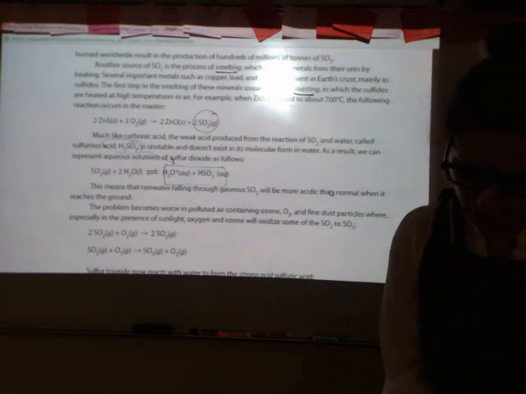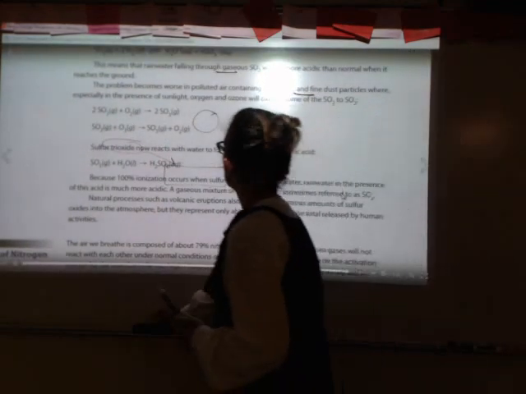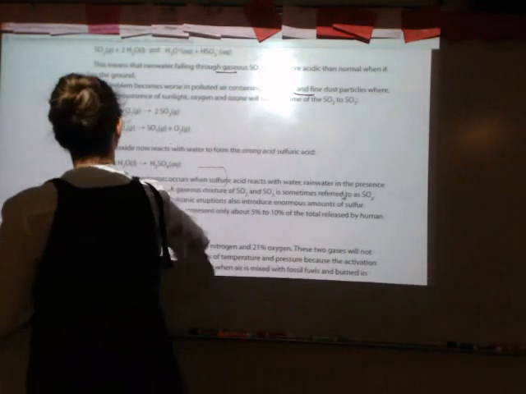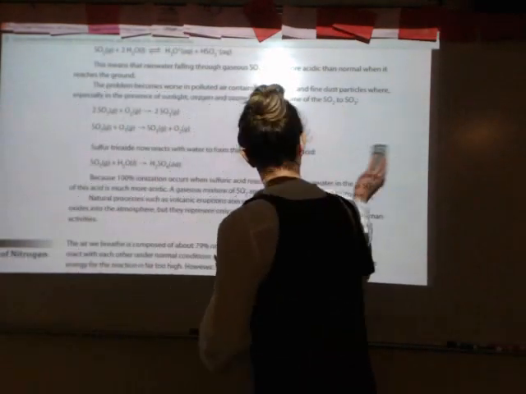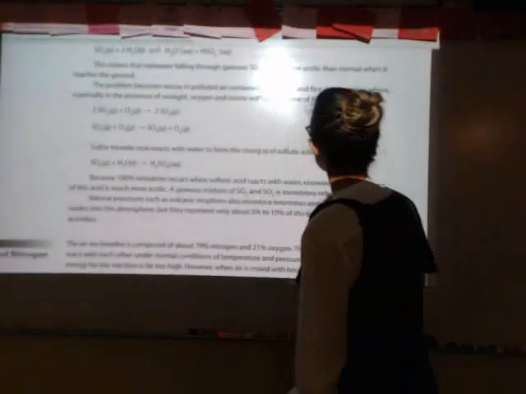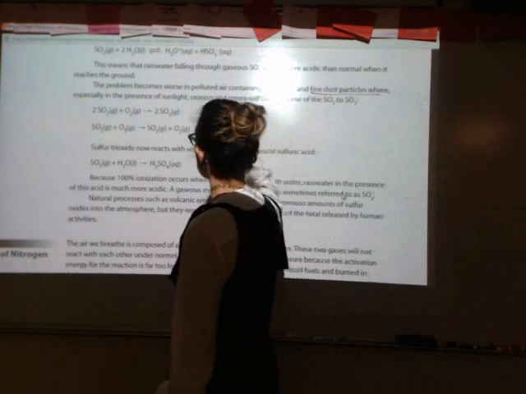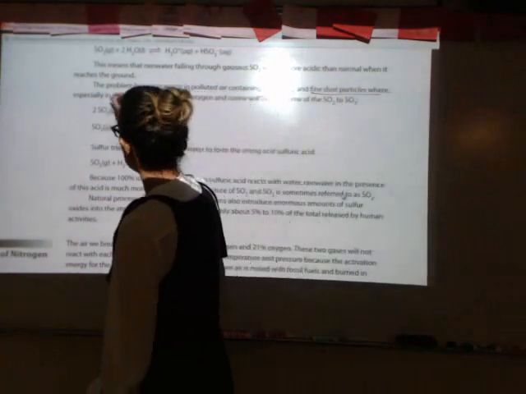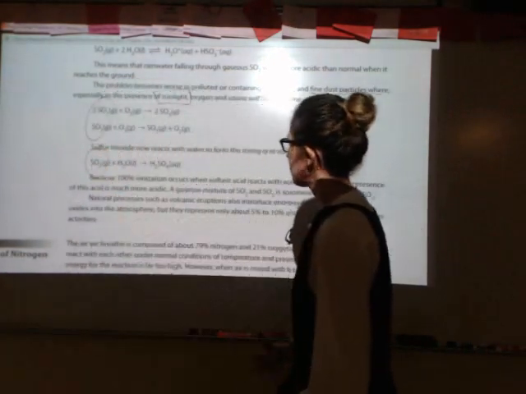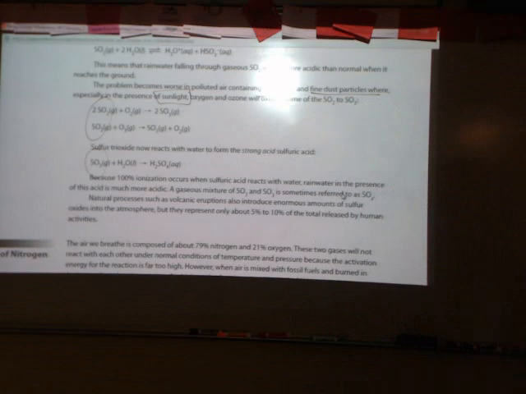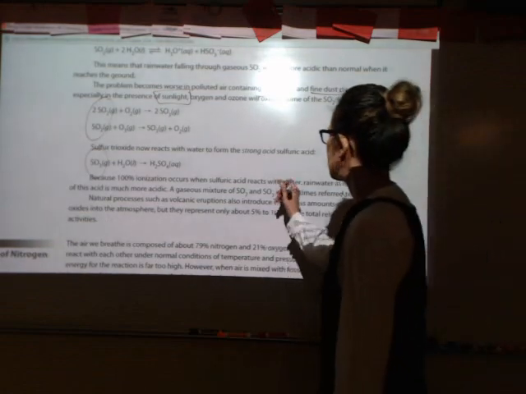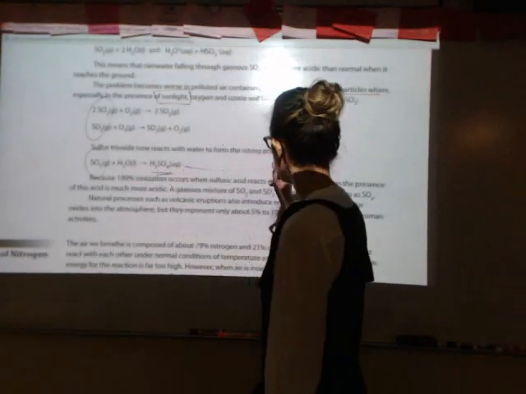And then, let's move this up. When air becomes even more polluted and it contains ozone and some fine dust particles, and if you've got some sunlight available, the oxygen and the ozone are going to oxidize some of the SO2 to SO3, and it's going to react with water to form a really strong acid known as sulfuric acid.